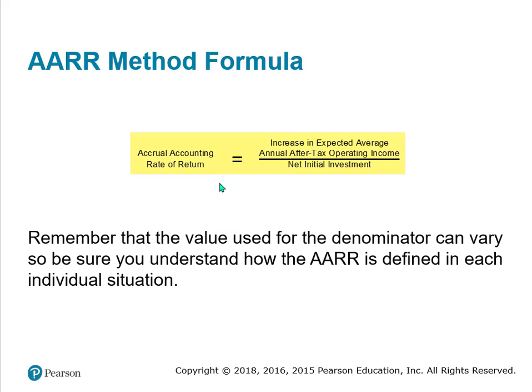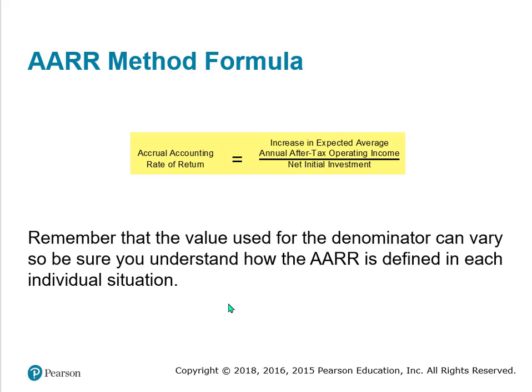So the accrual accounting rate of return is the increase in expected average after-tax operating income divided by the net initial investment. What's going to happen here is that depreciation is going to turn into an issue. So this is the formula that's used.